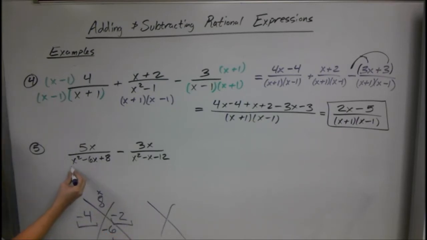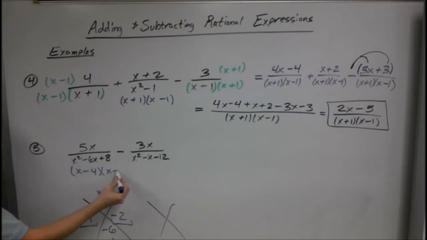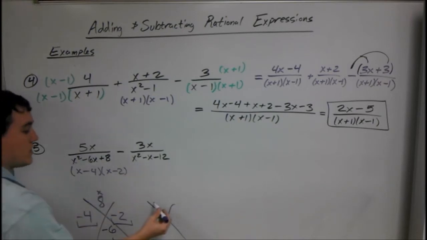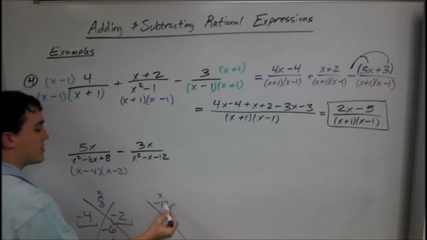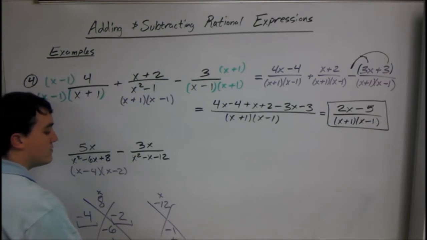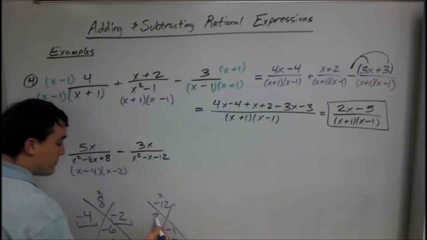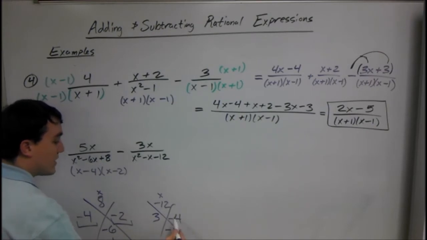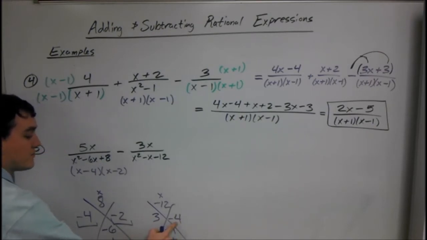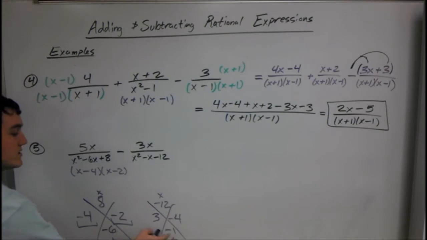This becomes x minus 4, x minus 2. This one, we have negative 12. And two things that multiply equal that add up to negative 1. 3 times 4 is 12. But the 4 has to be negative because it's 3 minus 4, not 4 minus 3, to give us negative 1.